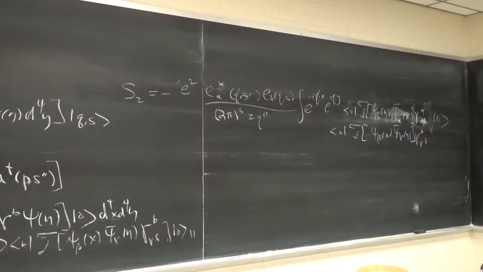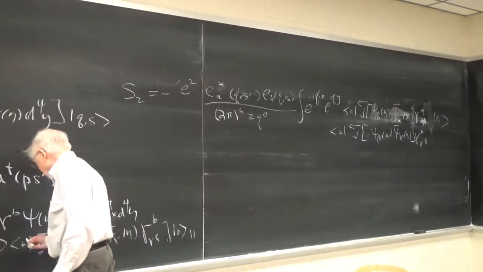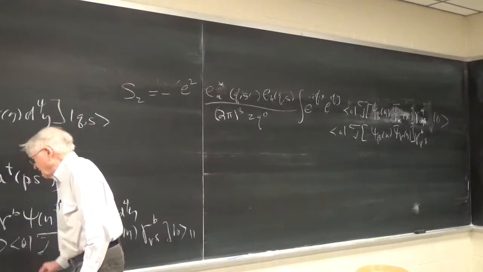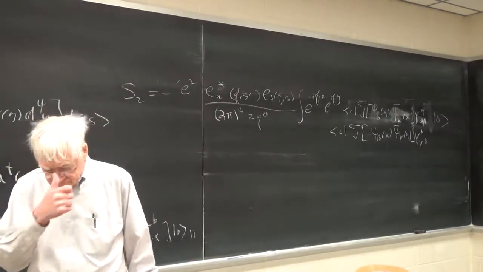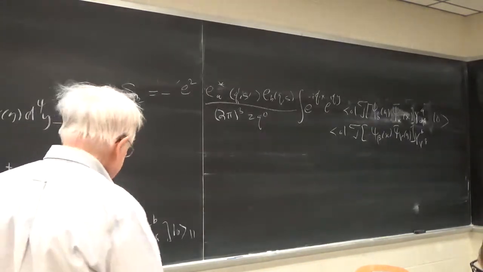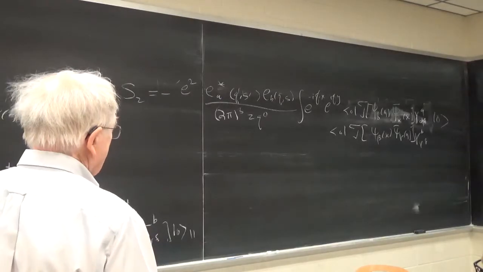The most that happens is a minus sign when you move one past the other. No, I'm saying okay. We have this. We turn this time-ordered product of 4 operators into a product of these vacuum expectation values of 2 operators, right? But isn't the idea that we're supposed to sum over all possible combinations of pairs of operators that we could pick? Isn't that the idea behind this Wick theorem?